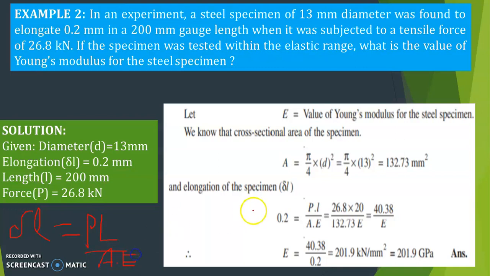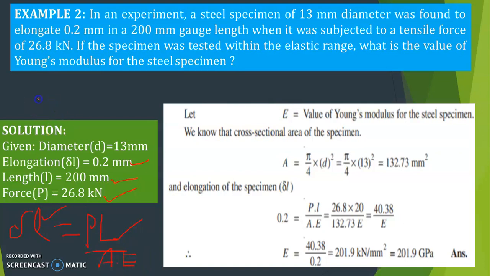For this deformation, that is elongation, it is given 0.2 mm, and P is equal to 26.8 kilonewton, and original length is 200 mm. Area is not given, but you know the diameter, so you can calculate area, and E is Young's modulus. You have to calculate that, right? So only one unknown, this one you have to calculate.